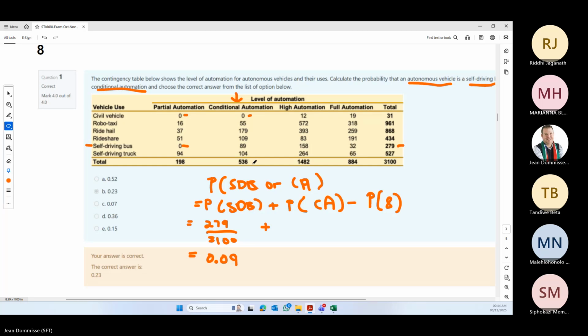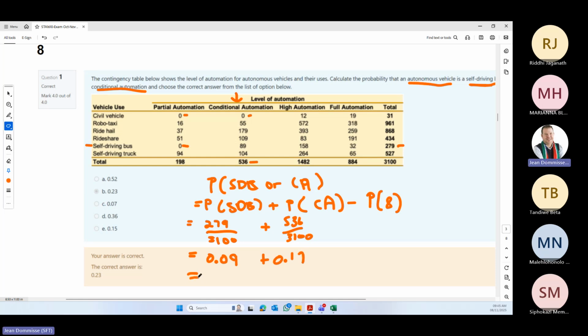Conditional automation, 536 divided by 3100, plus 0.17.